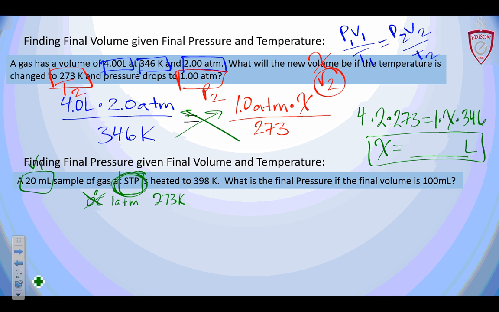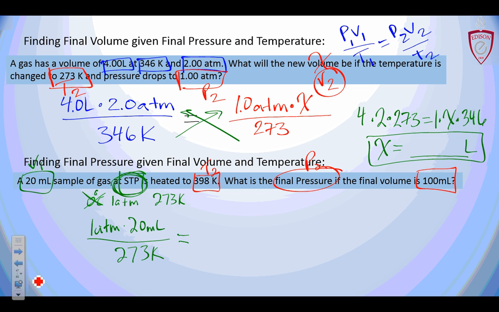So now in green, I have my initial conditions. V1 is 20 mL, P1 is 1 atmosphere. So it's 1 atmosphere times 20 mL divided by 273 Kelvin equals final volumes and pressures. 398 Kelvin is T2. Final pressure, we don't know, so P2, or X, however you want to put it in.